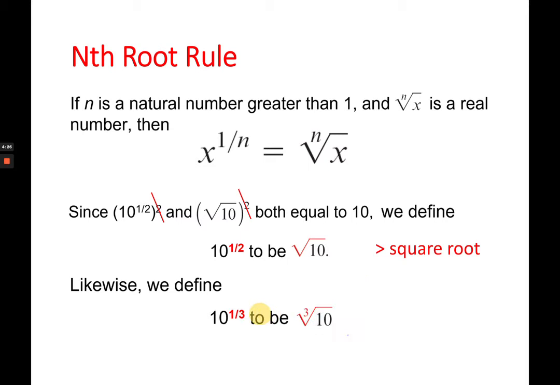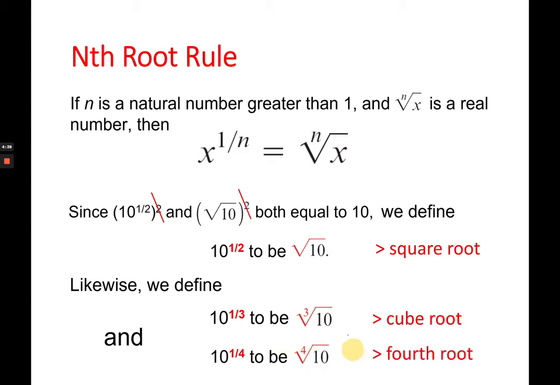Likewise, if there's 1 over 3 as a power of 10, then it's actually called cube root of 10. And if you have 10 raised to 1/4, it's actually fourth root. The next one is fifth root, sixth root, and the rest is rarely mentioned. Okay.